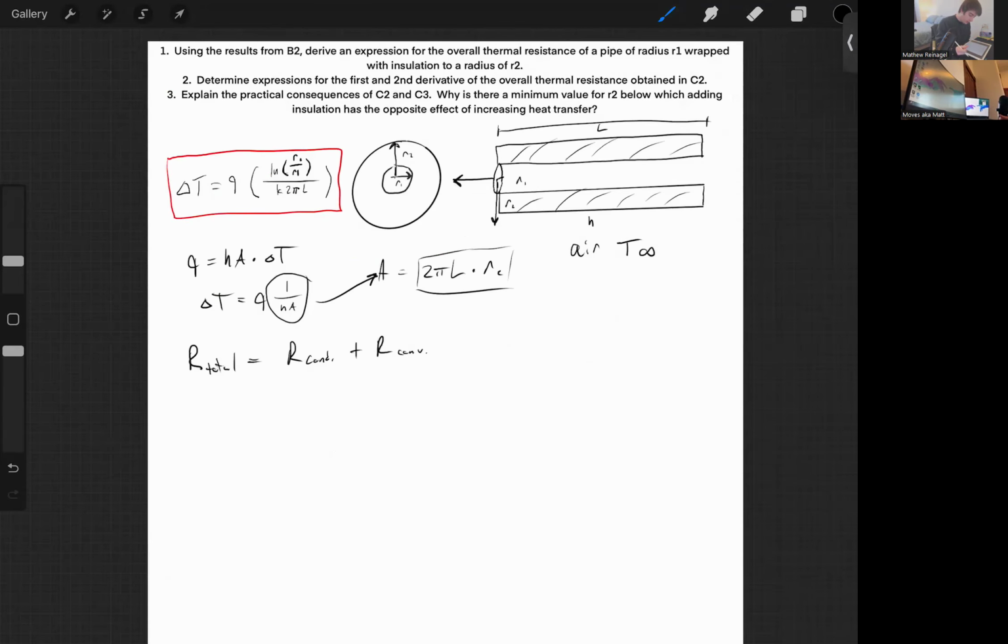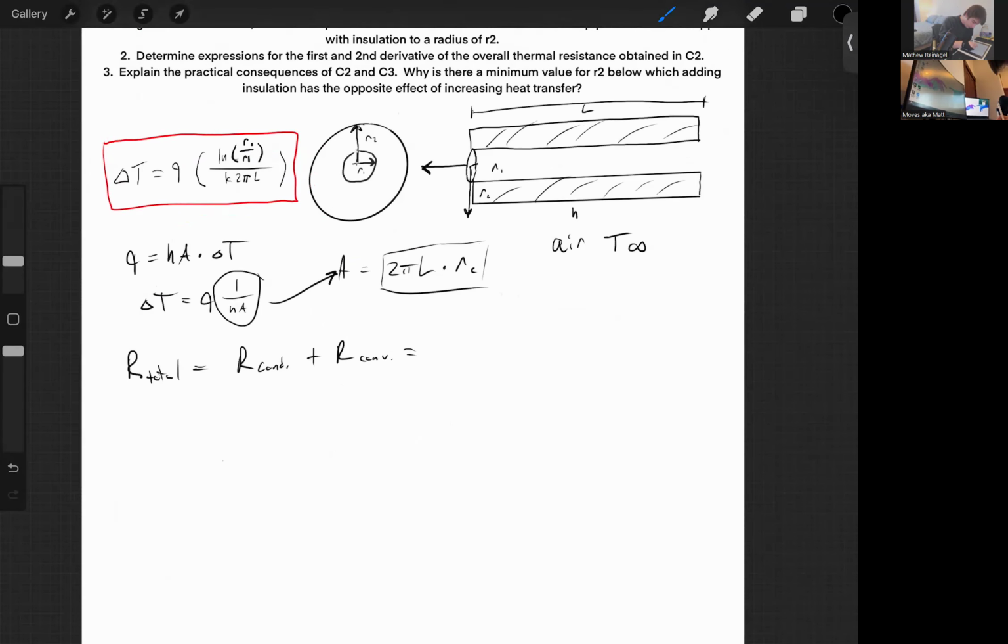If we want to make the R total expression, we can say that R total equals natural log of R2 over R1 over k times 2 pi L, plus 1 over h multiplied by 2 pi L R2, right?